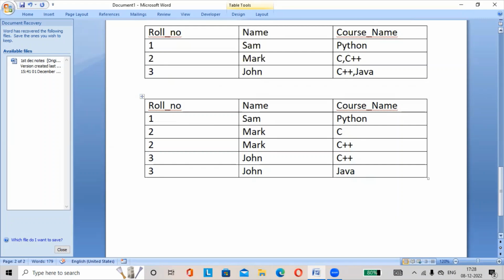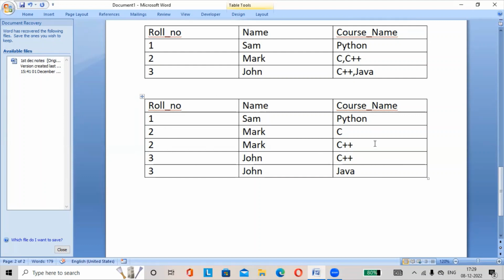Yeah, but keep that aside. It is satisfying the condition of atomic values. Yes, we are just checking. See, the first table is not atomic. This table is atomic. Here the data redundancy is present, because duplication of data is present.